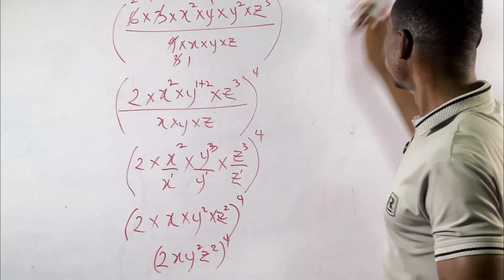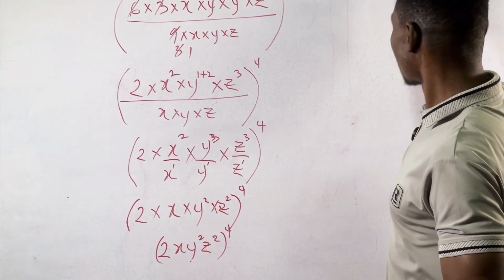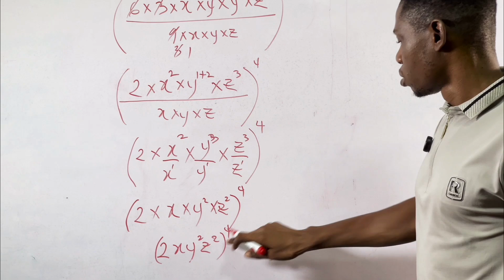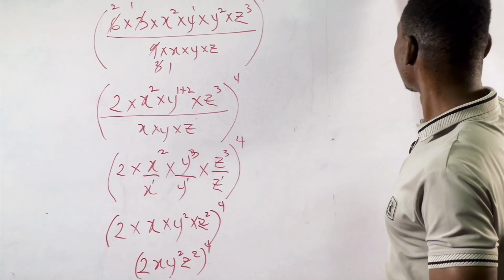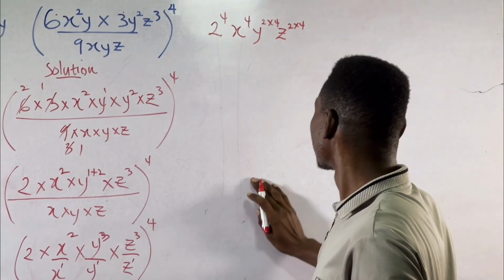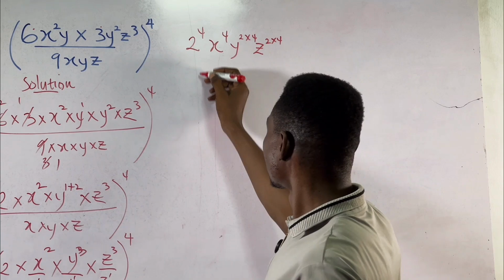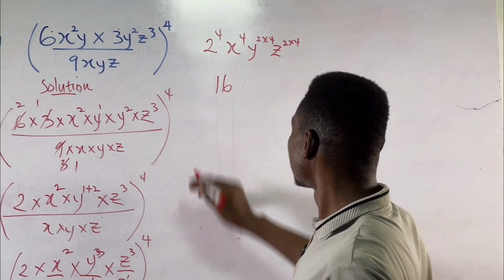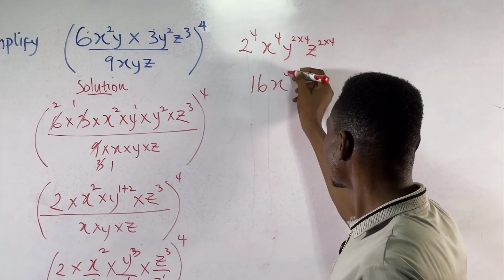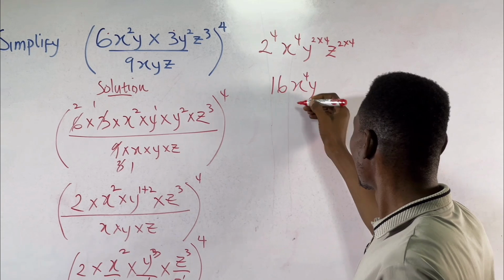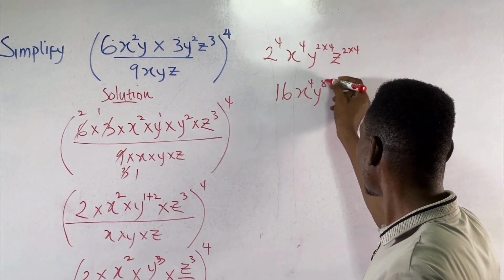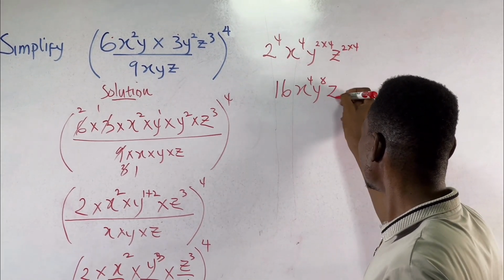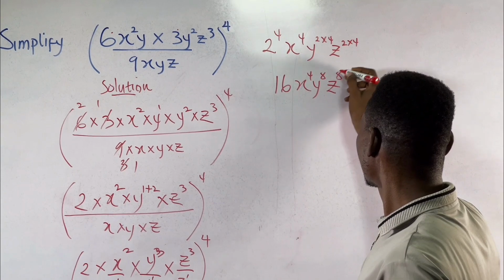And for z, we already have the power of 2, so we have 2 times 4. So our final answer will be 2 raised to power 4 is 16, x raised to power 4, y raised to power 8, and z raised to power 8.